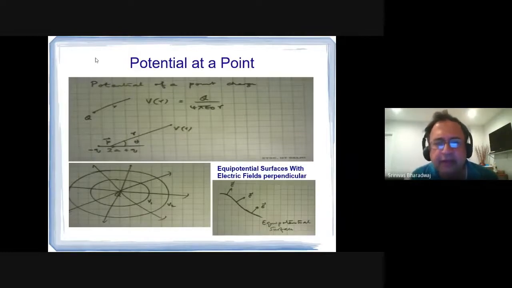Now we then introduce the relationship between the potential and the electric field, right? Just like work and force are related, F dot dx will give you the work, right?